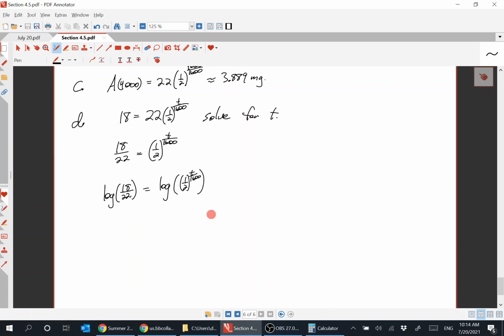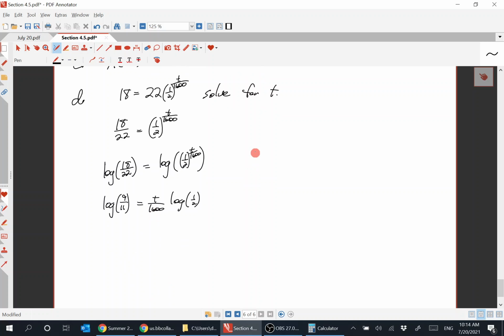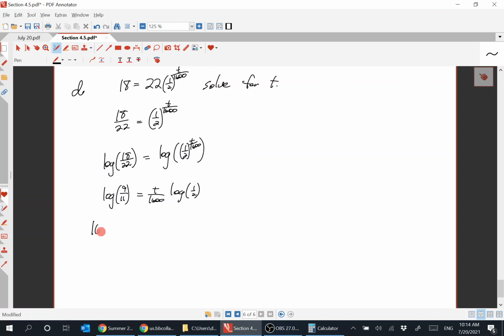Alrighty. So we bring that down. So this is log 9 over 11. So that's t over 1,600 log of 1/2. So now I'm going to multiply both sides by 1,600. T times log 1/2.